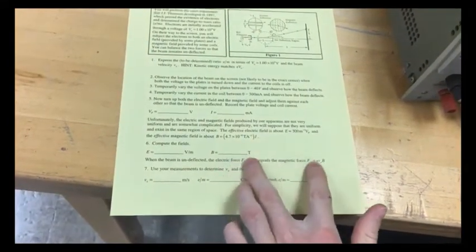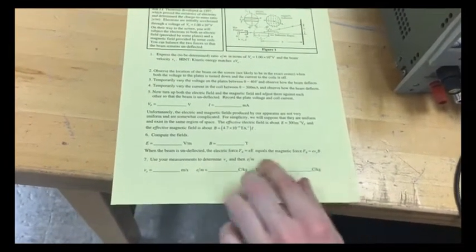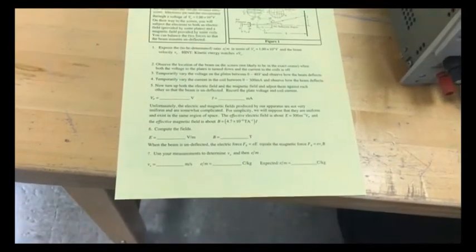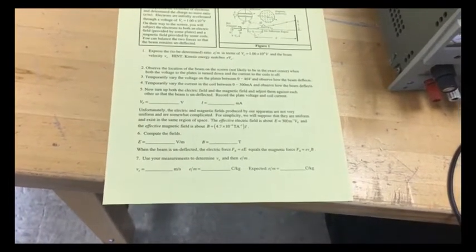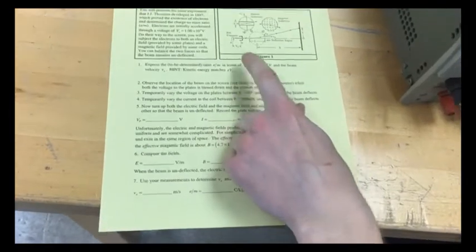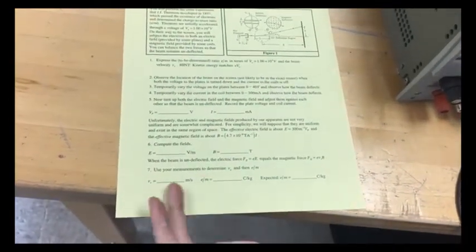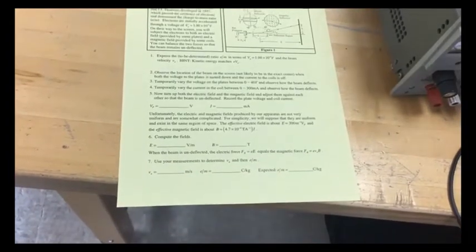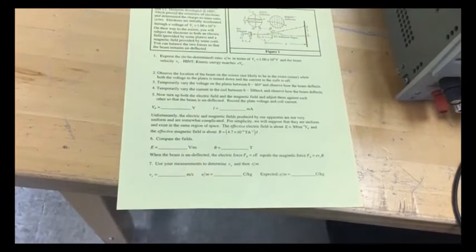So we set these two forces equal to each other. The forces are e times E, and e times the velocity times B. Set those equal to each other, and then we'll apply the same ratio that we found in number 1 to solve for these quantities. Then for the expected value, just look it up online, or I think it's in your packet as well. And these should be pretty close, hopefully.